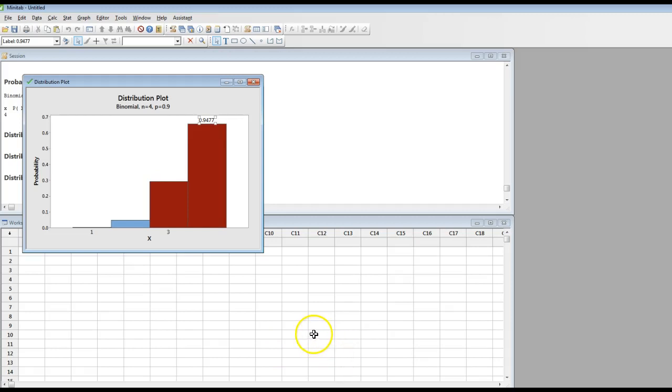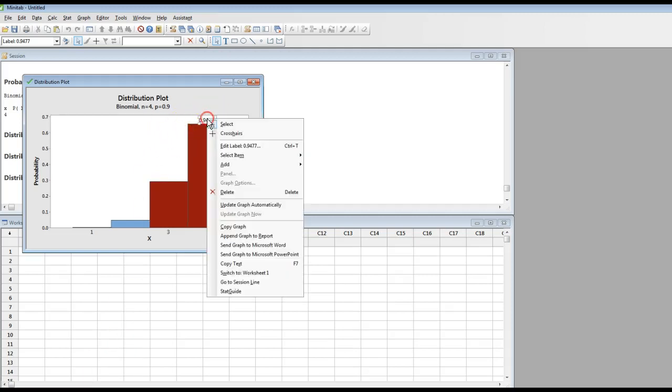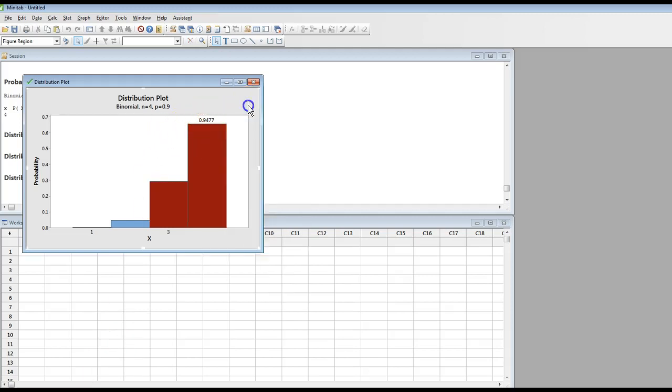If I wanted to do the calculation for this value, I could grab it, 0.9477. I could very easily calculate the mean, which is going to be this value multiplied by 0.9. For the variance, after I find the mean, I will multiply that by 0.1.